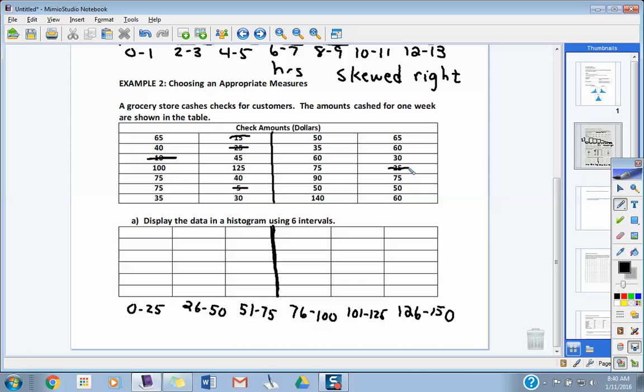So I'm going to go ahead and raise that up here to 5. Okay, so 5 bars up. I hope I'm doing this correctly. I don't think I am. Let me check.